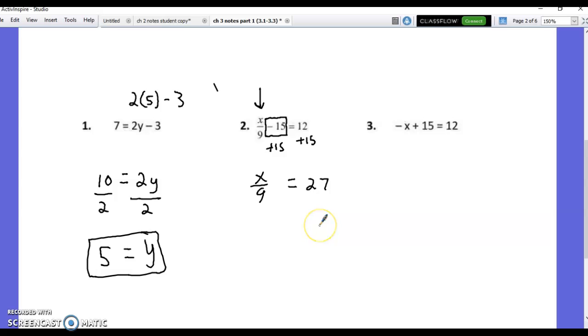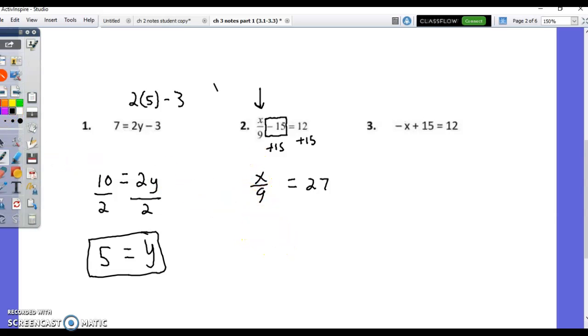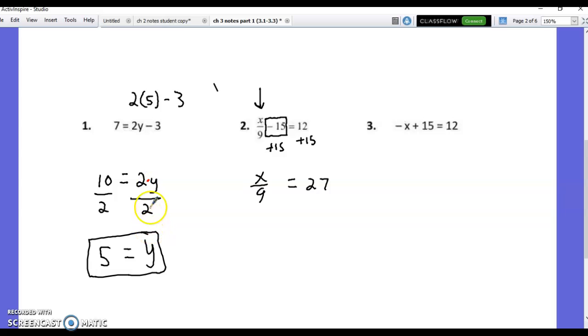All right, over here, remember our rule, if we multiply by the denominator, we get the numerator by itself. So over here, we're using inverse operations, so always think of the opposite. This was 2 times y, we divided. Here's x divided by 9, opposite of division, it's multiplication. So I'm going to multiply by 9, both sides.